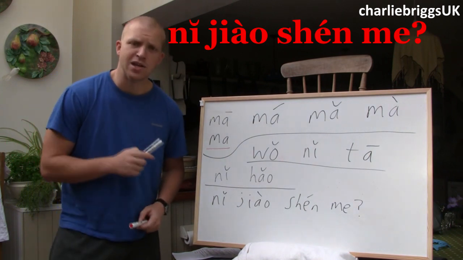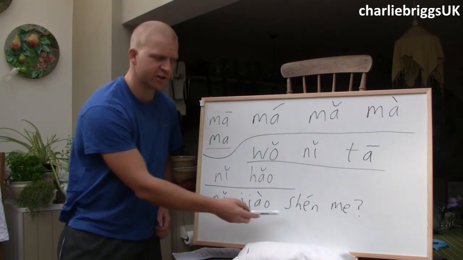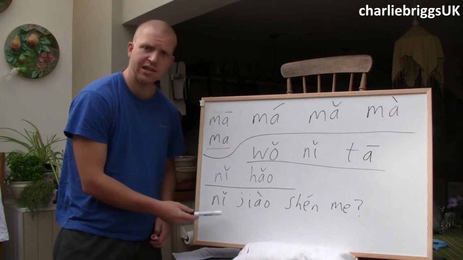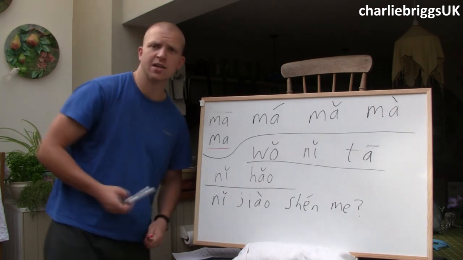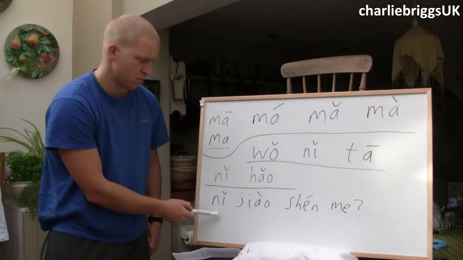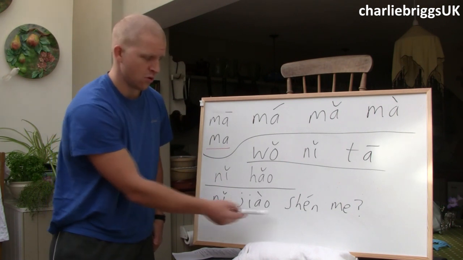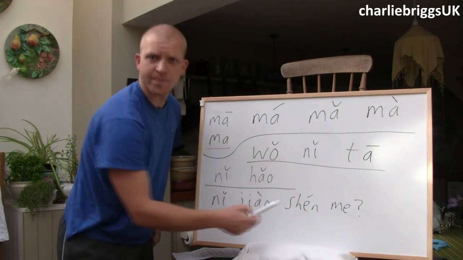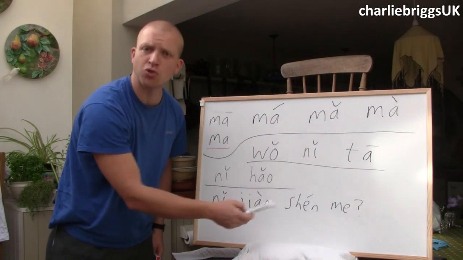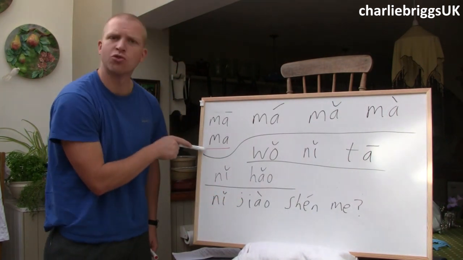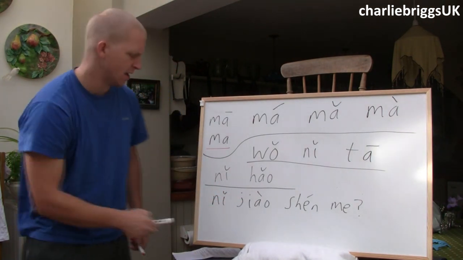We say 你叫什么? So you are called what? This m at the end is the neutral tone. Remember the neutral tone. Very easy to say.